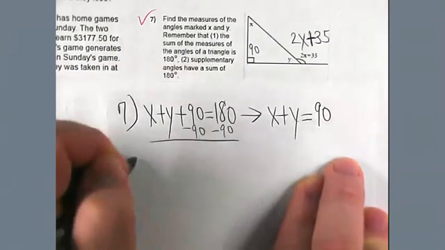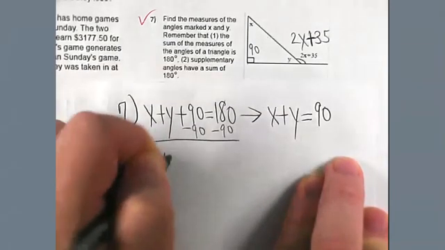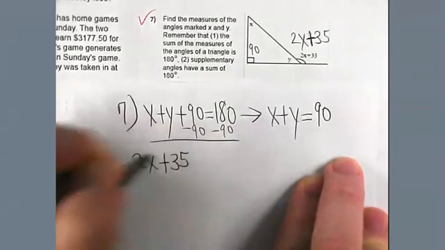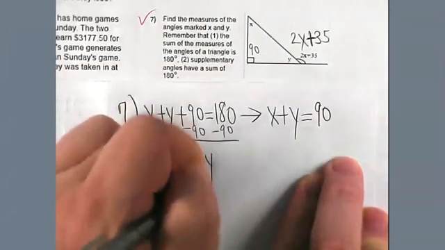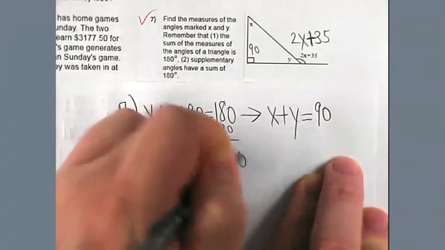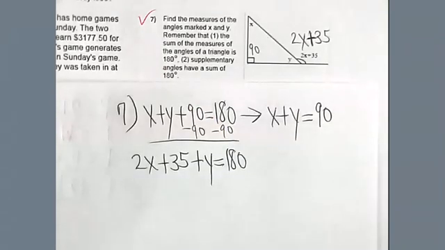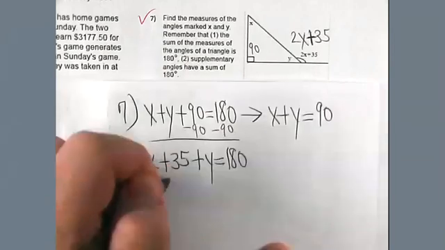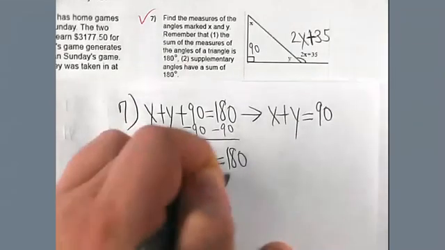So that will be 2x plus 35 plus y equal to 180 degrees. Again, let's get x and y by itself, this time by subtracting 35 from both sides.